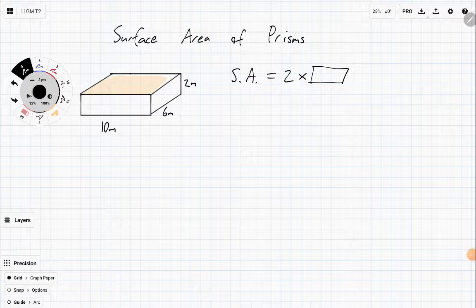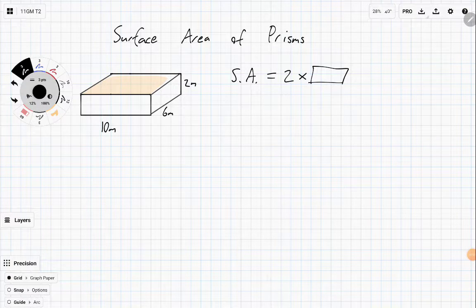Similarly, we can tell that this face on the right-hand side also has a partner. It has a partner on the left-hand side that we can't see over here. And similarly, we have this front rectangle that's going to have a partner on the other side on the back here. So how many faces are there in total?